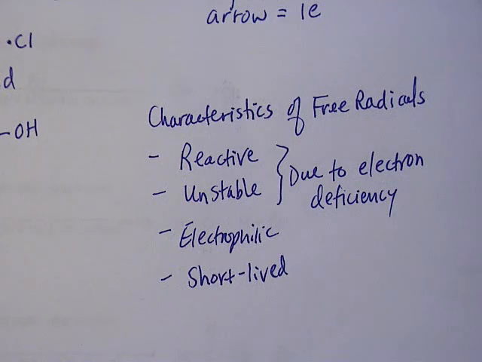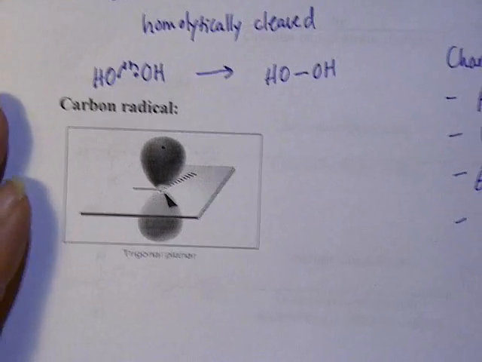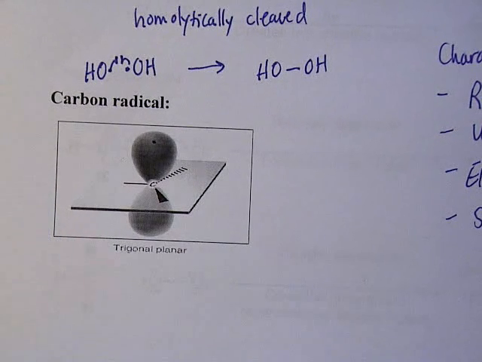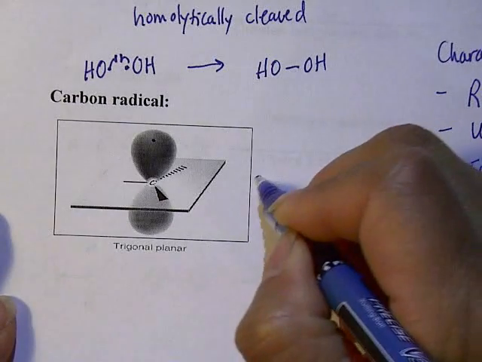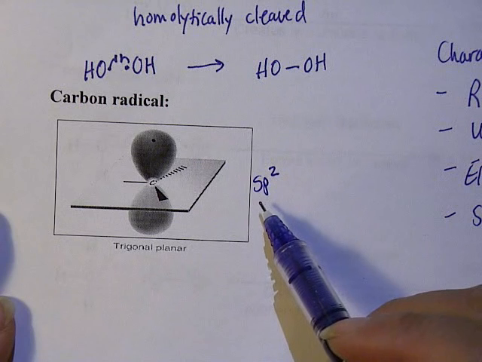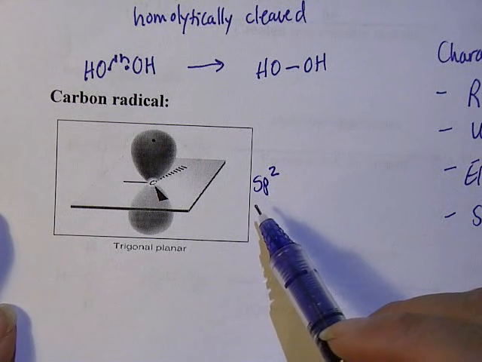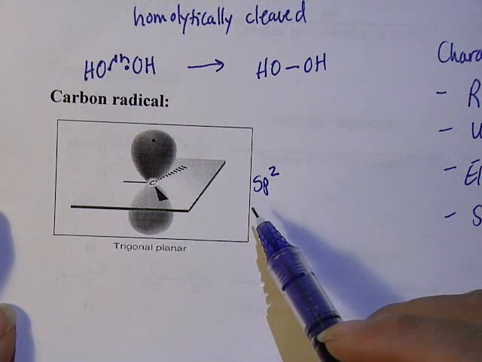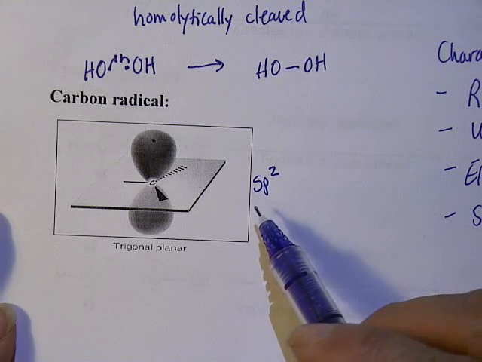So we're going to now look in more detail at the carbon radical, shown in the picture here. The carbon radical is, scientists believe, sp2 hybridized. There's some controversy as to whether it's sp3 or sp2 hybridized, but a lot of people believe that it's sp2 hybridized.